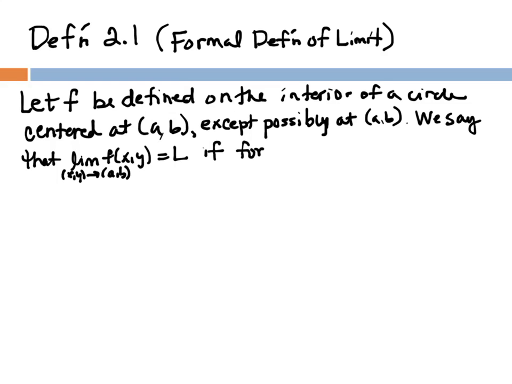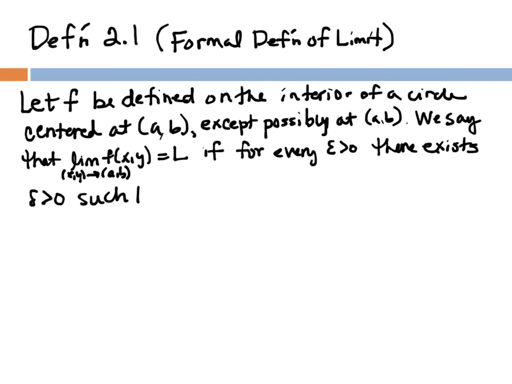So if for every epsilon greater than 0, there exists delta greater than 0 such that f of xy, our function minus its limit, is less than epsilon.